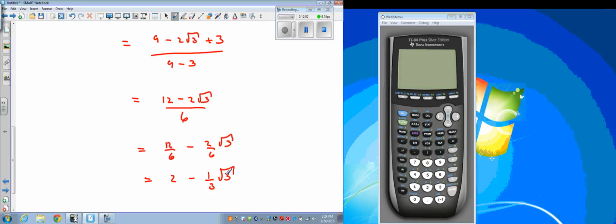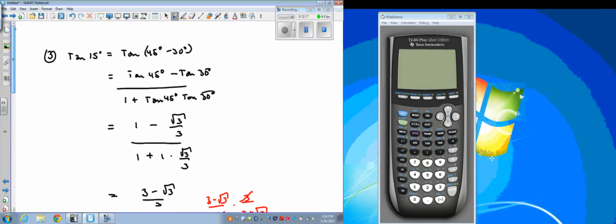Or 2 minus square root of 3 over 3. There is no answer like that, is there? No. Is this 3 minus 2? What did we do wrong? That'd be wrong. Okay, where did we go wrong?